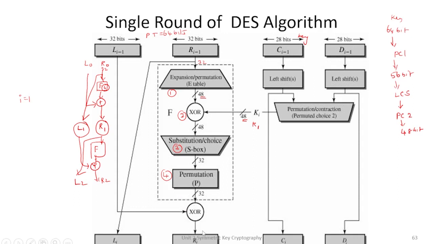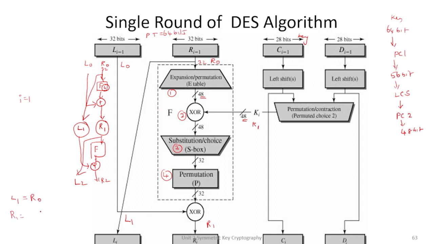Then at last we should do the XOR operation. So here this is L0 R0. Here it is L1 R1. In the diagram we can write: what is your L1? L1 is retrieved from R0. And what is R1?